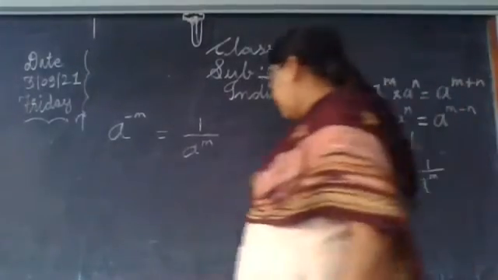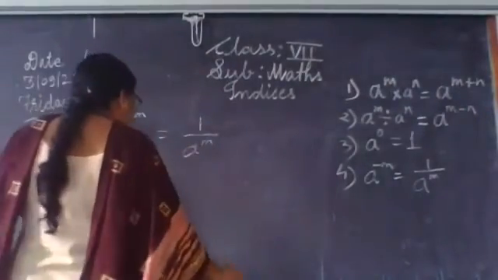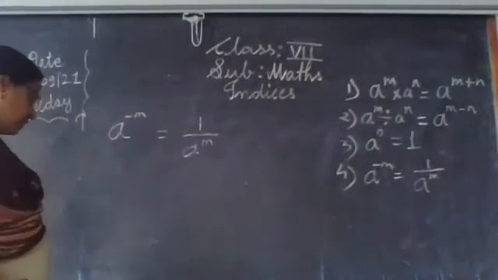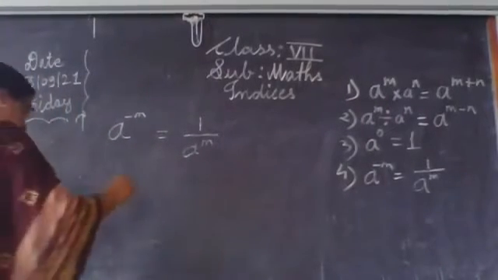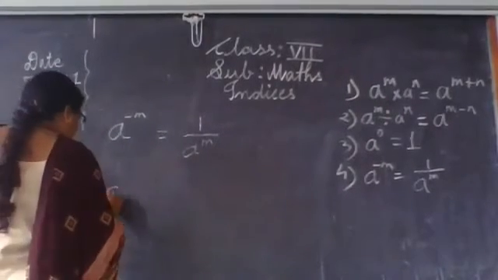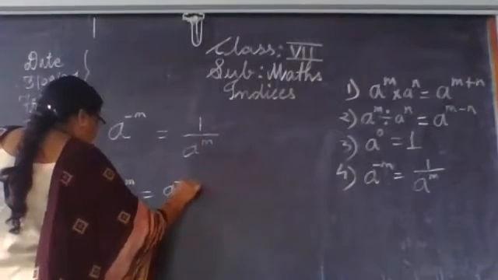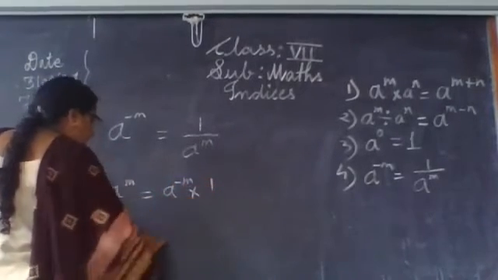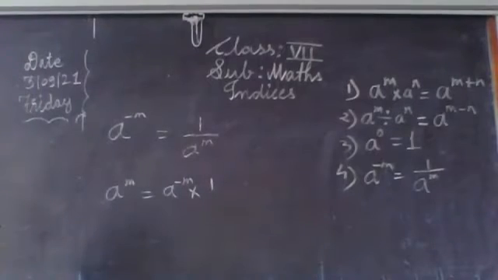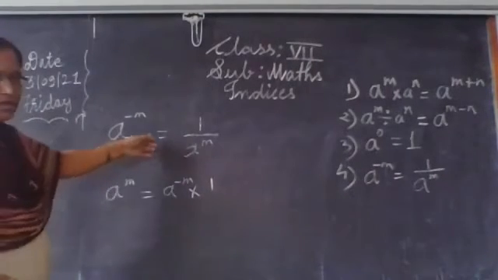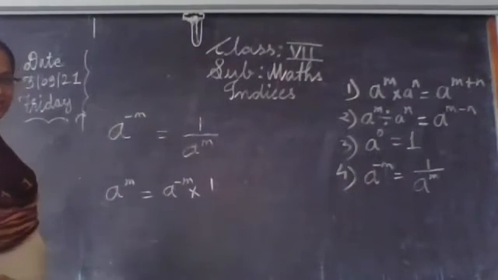Okay. So how does it become a raised to power n? For that, see, a raised to power minus n into 1. Can you write like this? So here is the derivation of this.